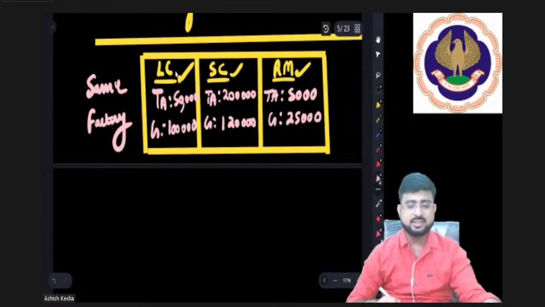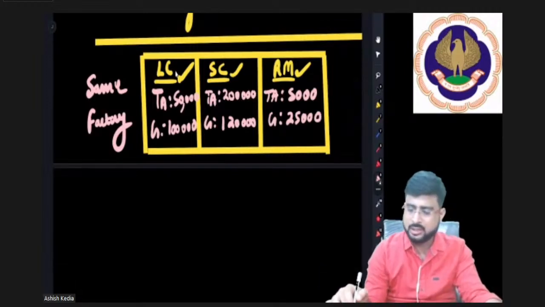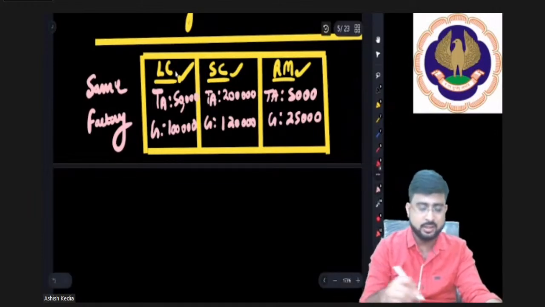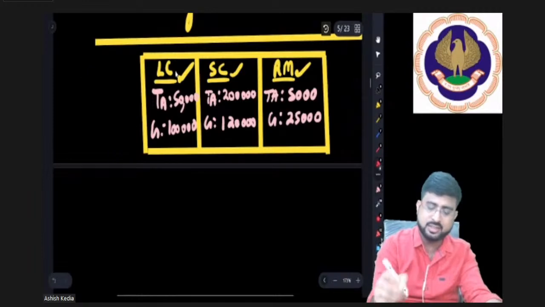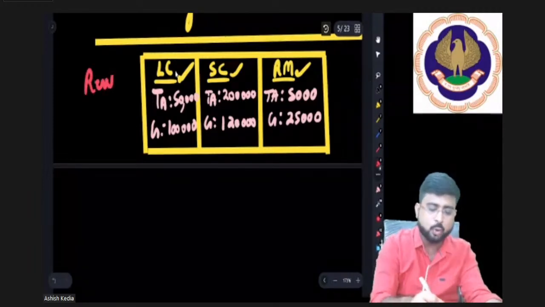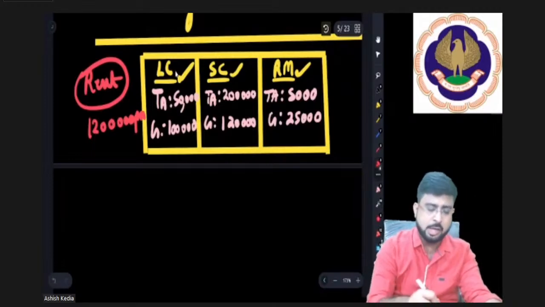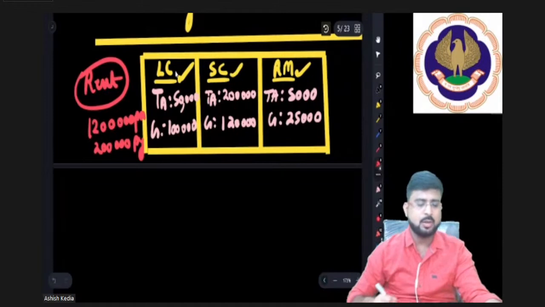Since they are in the same factory, the total rent of the factory is, let's say, 12 lakh rupees per year. Let's say 2 lakh is the electricity cost per annum.